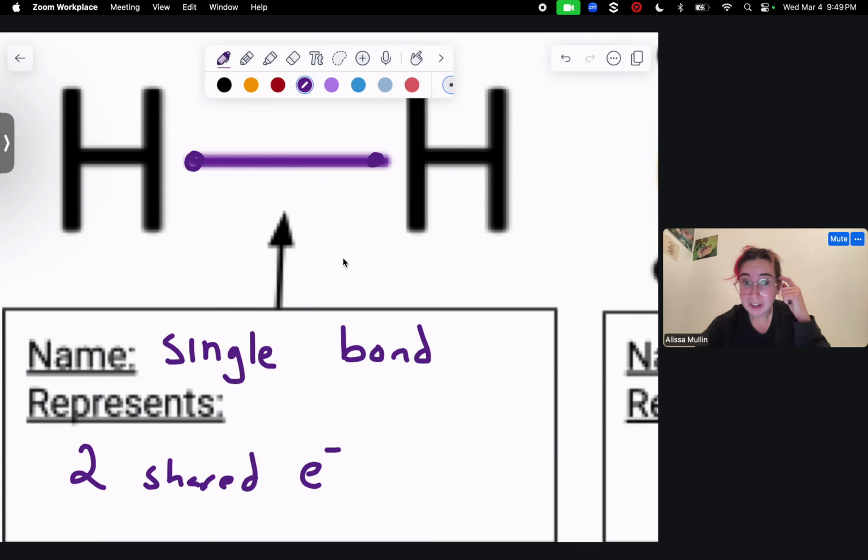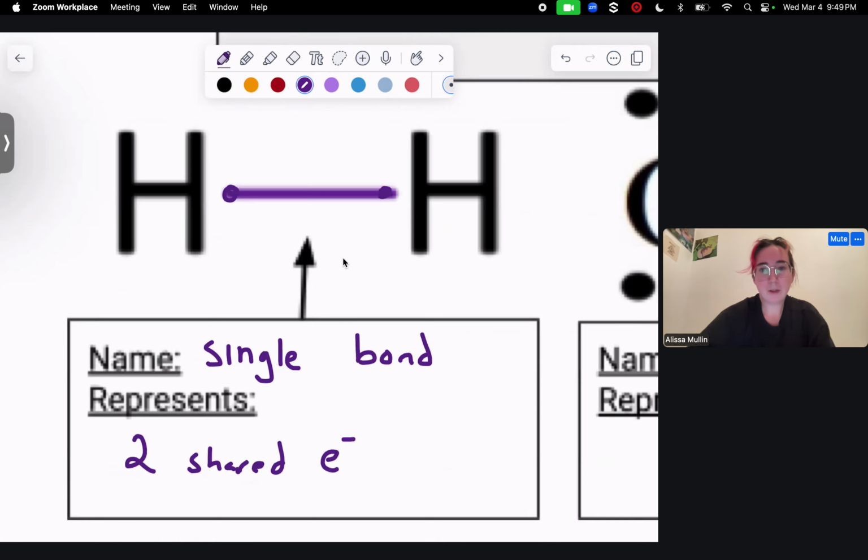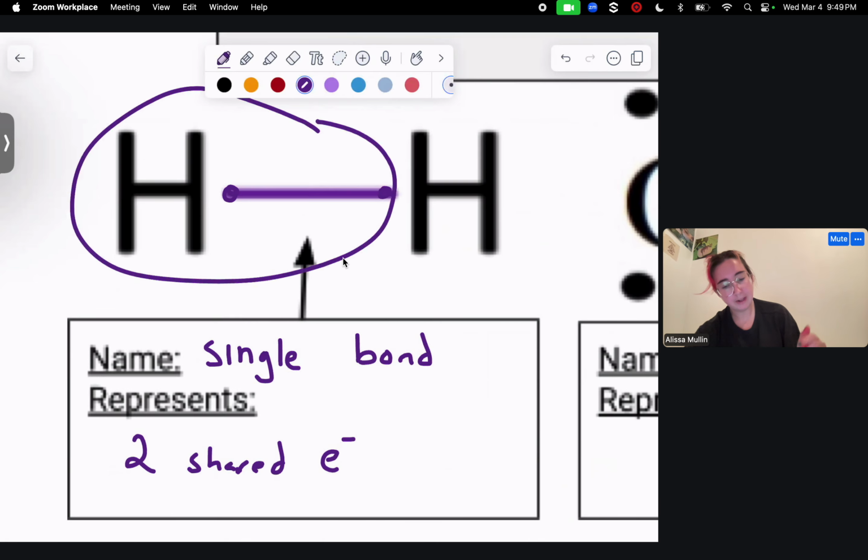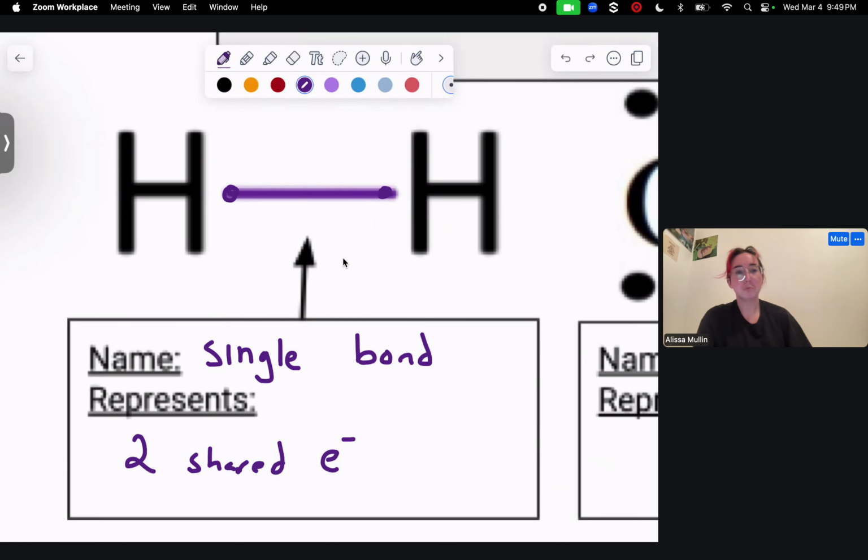So both of my H's have access to those 2 electrons. Now, this is one of our big exceptions. We just said they want 8 electrons, but right here, this hydrogen only has 2, right? It only has the 2 that are shared in that bond. Is that fine or not?